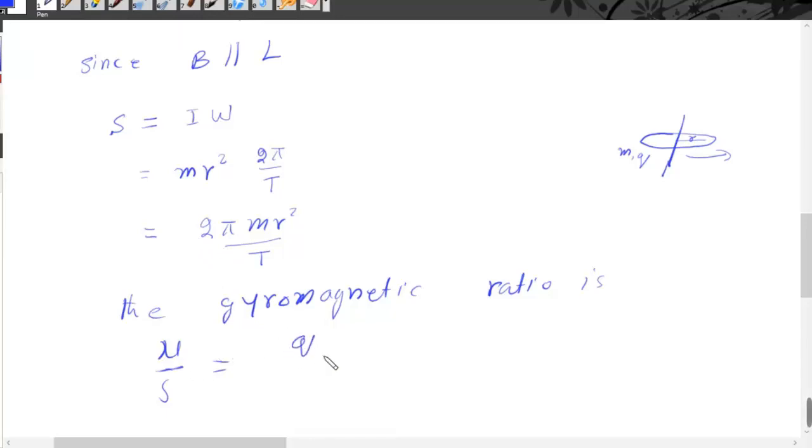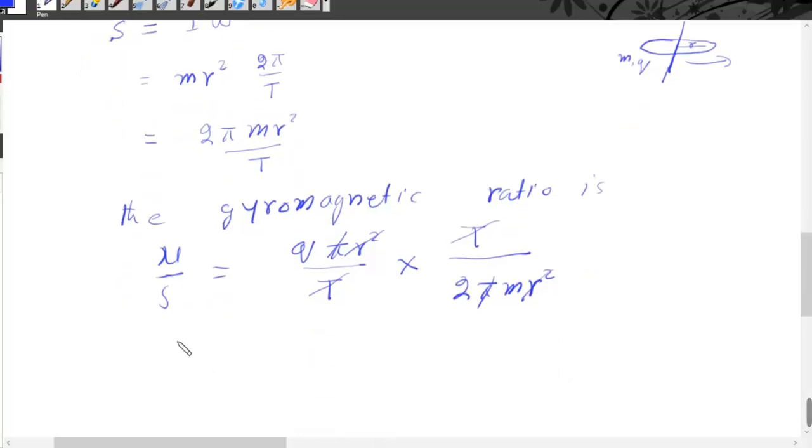The value of μ is qπr² divided by T, and the value of S is this one. Now we can write it like this: 2π divided by mr². The T is cancelled, the π is cancelled, the r² is cancelled, and then μ divided by S is equal to q divided by 2m.